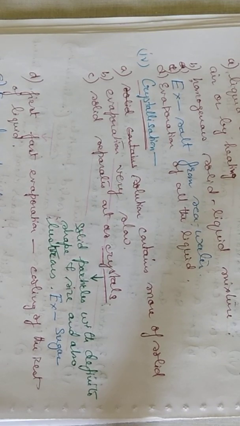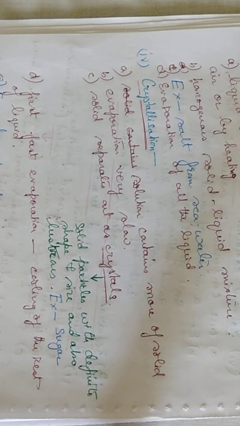Crystallization is a process in which a pure form of solid is obtained. Here the solution contains more of a solid, and evaporation is very slow.